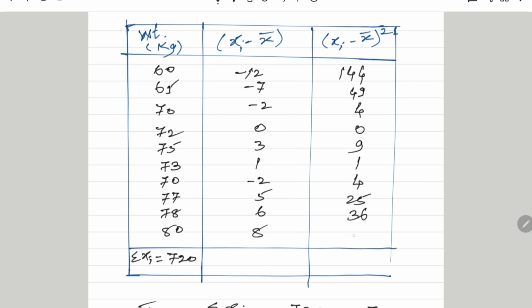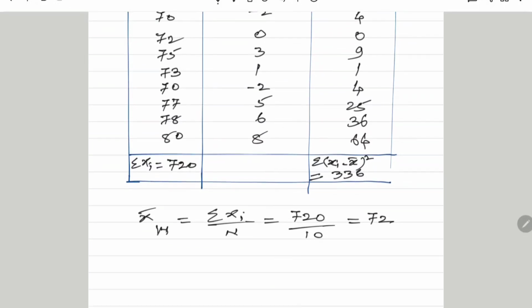And square of 8, 64. And again take the sum of all these values. Adding all this, 144 up to 64, we get 336. Check all the calculations by yourself. Don't write it directly as it is.